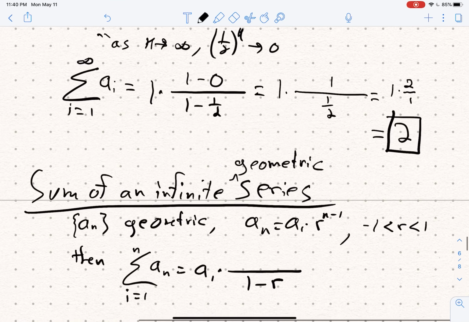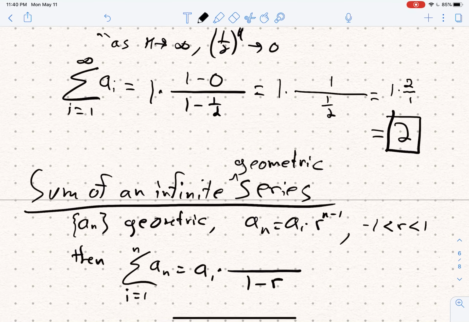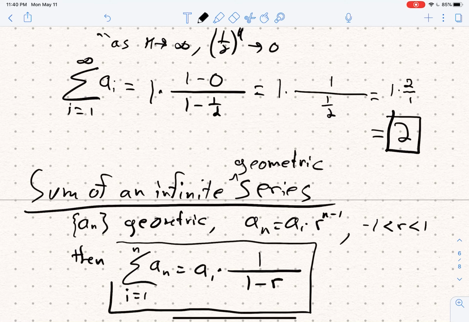That was like the 1/2 to the k above. So the only thing left on the top is 1. So it's a_1 times 1 over 1 minus r. And this is our formula for adding up all infinitely many elements in a geometric sequence.